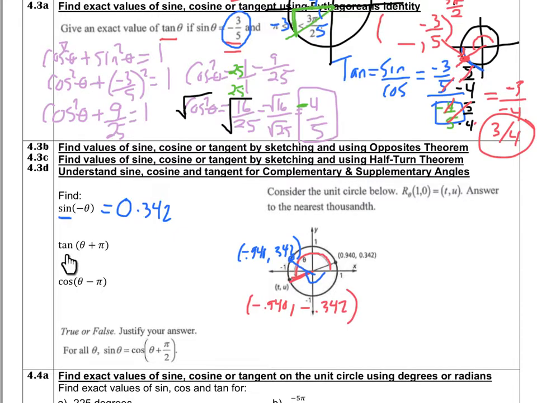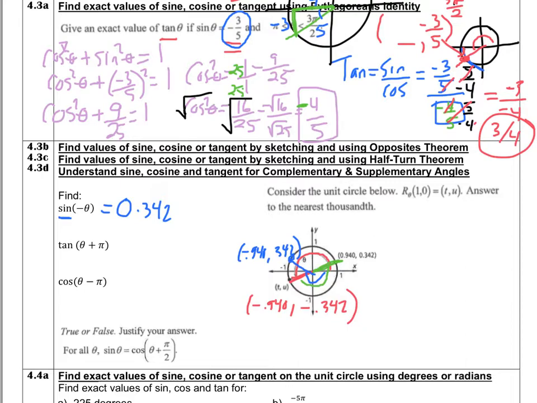The next one is the tangent of take your angle and add a piece of pi to it. Remember, our red angle is right here. If we add a piece of pi to that, that's 180 degrees. So if I take this and add on 180, I land right here. So I actually land at this point right there. The question is, what's the tangent?